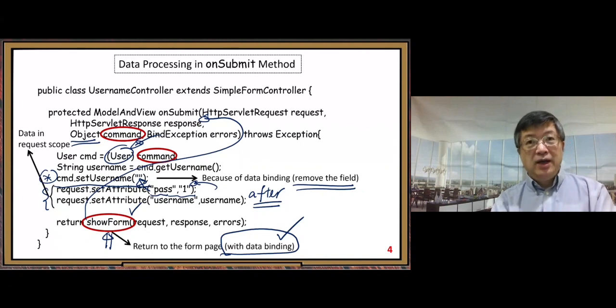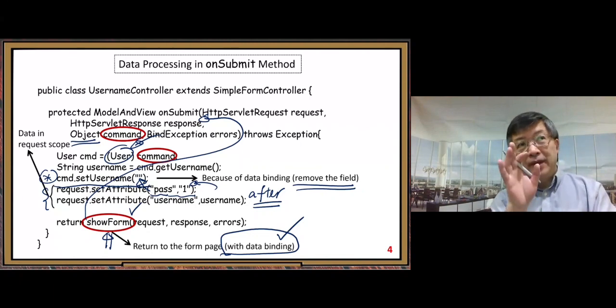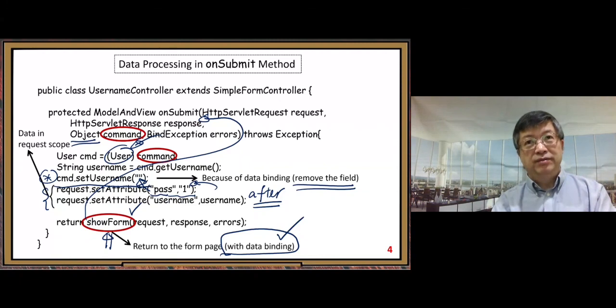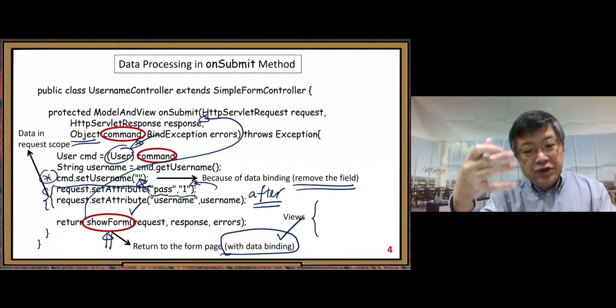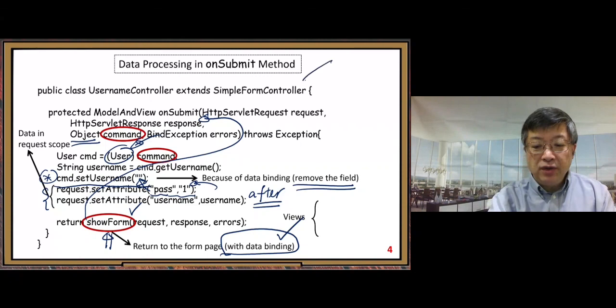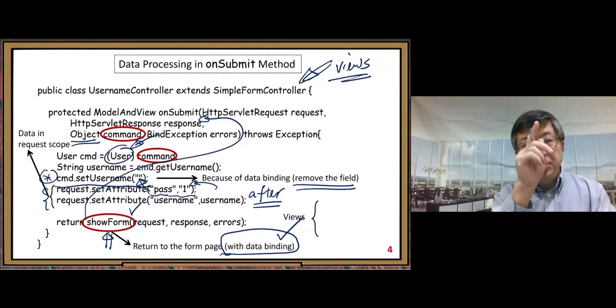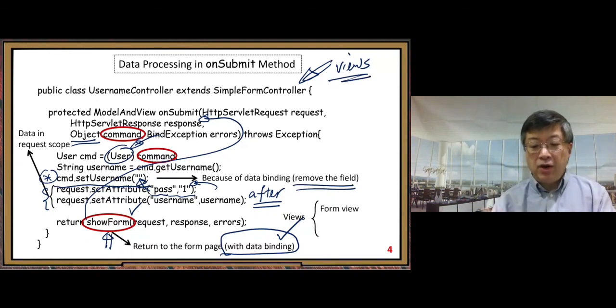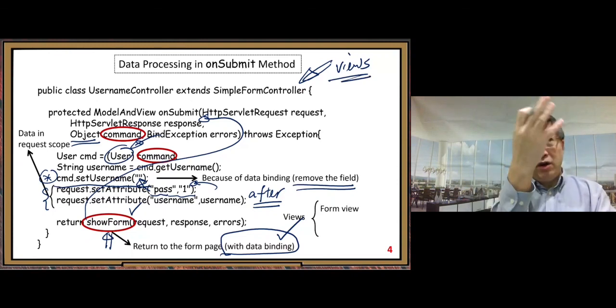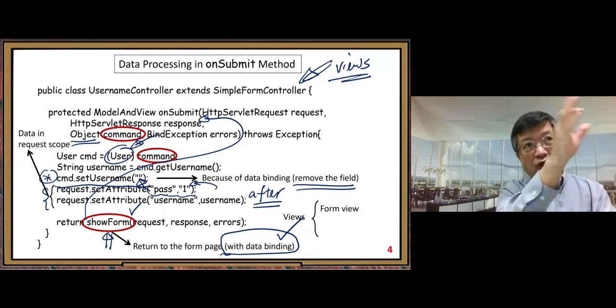All right. So then for the view part, I want to explain regarding the views connected to this controller. Okay? There are two types of views. The first type is called a form view. So that's the original view page, form view.